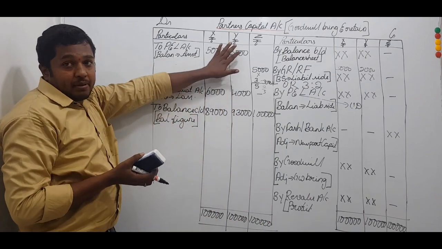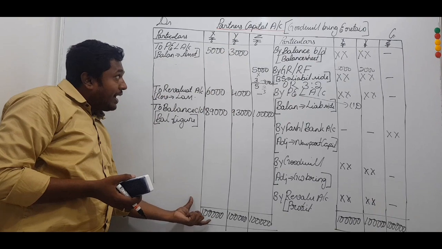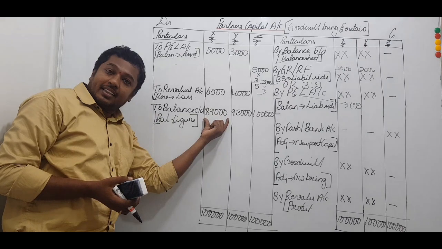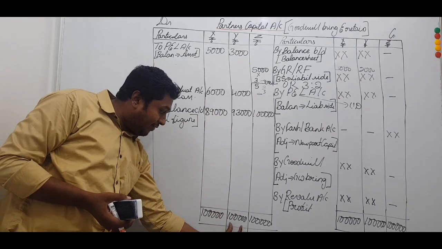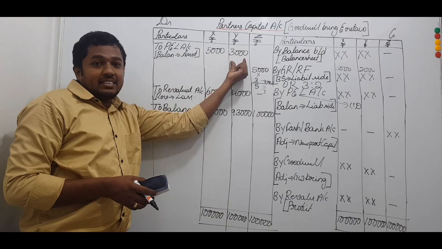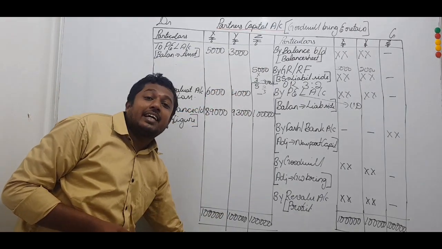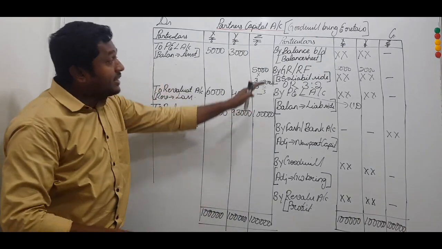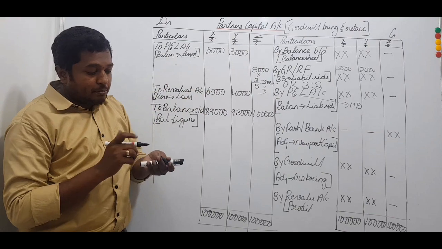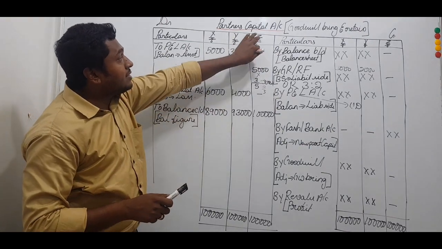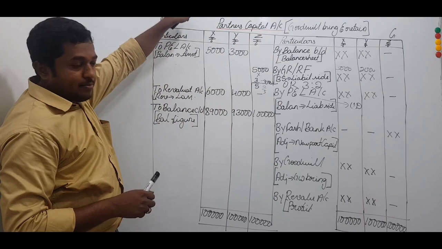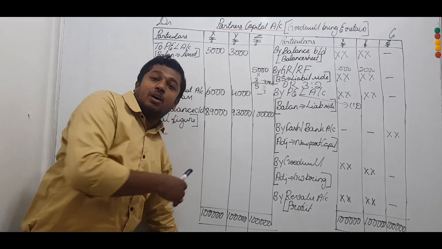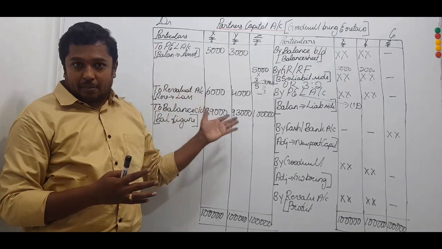For example, 1 lakh minus 5,000 minus 6,000, the difference is 89,000. Again, 1 lakh minus 3,000 minus 4,000, the difference is 93,000. Then there is nothing to subtract from Z's column because Z's column is totally blank on the debit side. 1 lakh minus 0 becomes 1 lakh only. So this is how you can prepare the partners capital account.